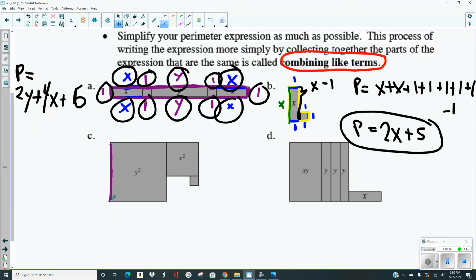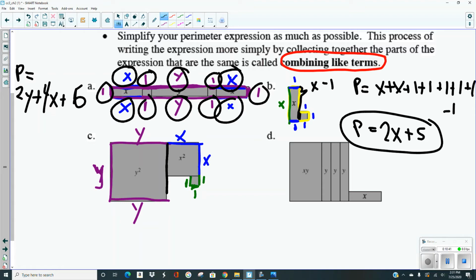All right, so here we have Y, X, X, 1, 1, 1. Now I end up with two side lengths that are actually interior.